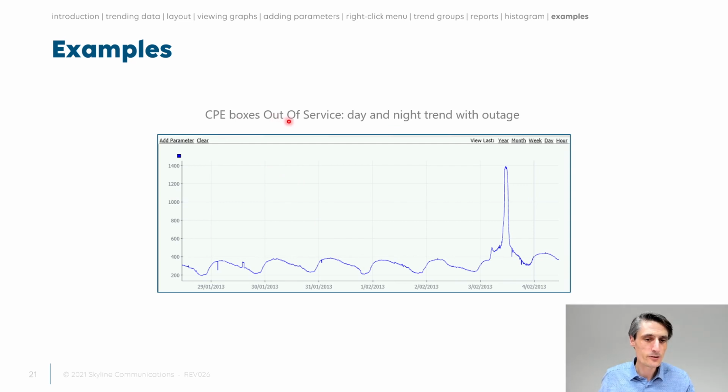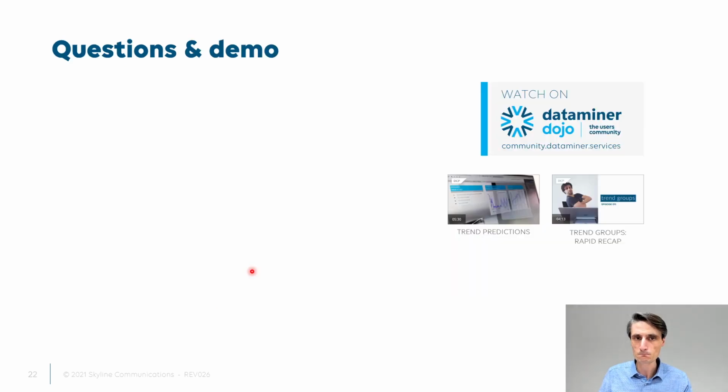CPE box is out of service, some people are unplugging their boxes, so you can see some online, offline, or the number of offline devices increasing overnight and then decreasing again. So that's the day-night behavior again. And here you see a big outage, that's a clear outage that is happening here, but some smaller ones as well. Dynamic alarming can actually track those smaller ones as well.